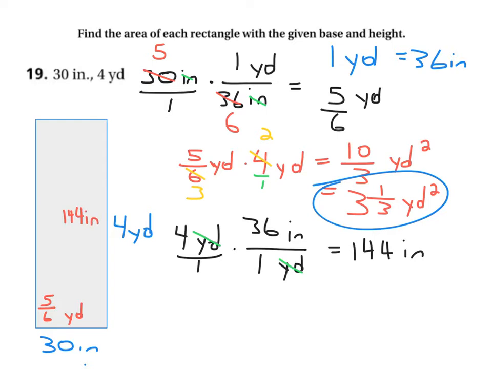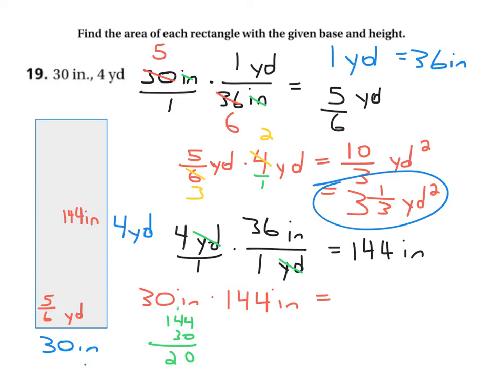And if we wanted to do it in terms of inches, then we have 30 inches times 144 inches. And we can do the little calculation down here. 144 times 30. 0 placeholder for that 0. 3 times 4 is 12.